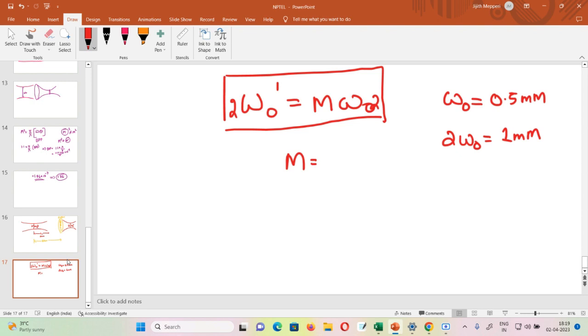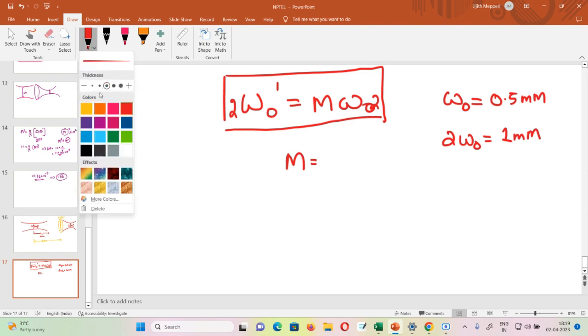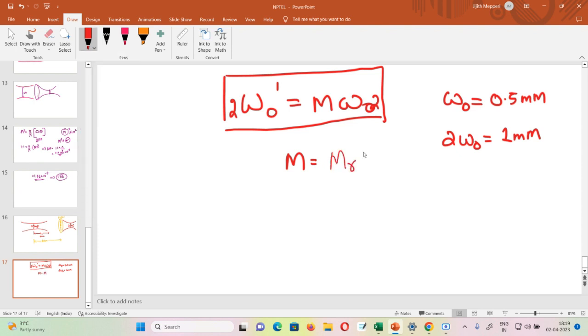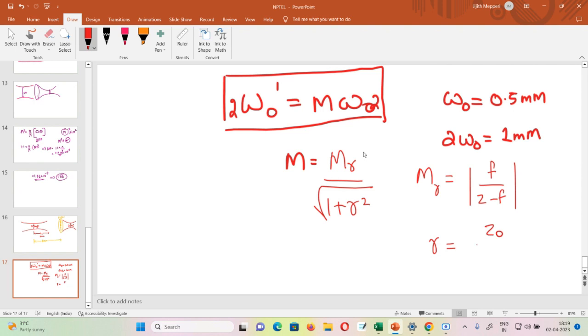But magnification is not a simple parameter. It has different components: m equals mr divided by square root of 1 plus r squared, where mr is equal to modulus of f divided by z minus f, and r is equal to z naught divided by z minus f.